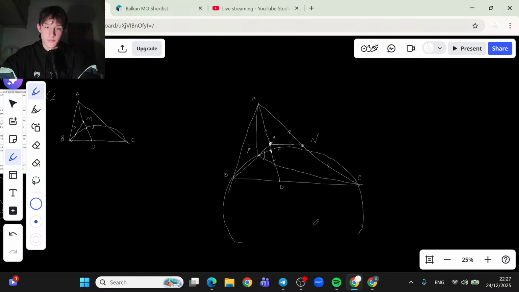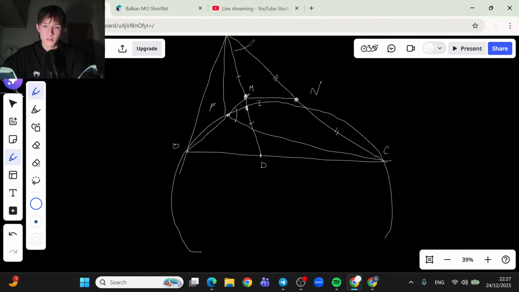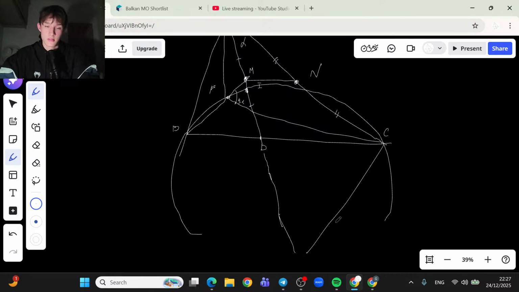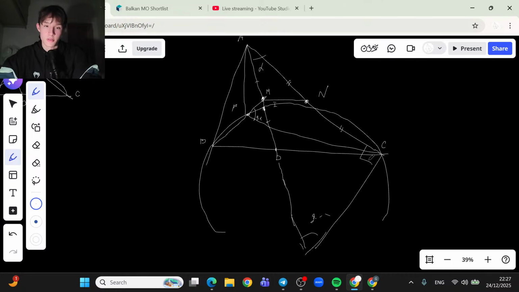If this is alpha here, we know that this is 90 minus alpha. So if I draw 90 degrees in here, I would get that these four points are cyclic, I guess. I don't think that helps me much though. So this would be 90 minus alpha if this is 90. But I don't think that helps me much.